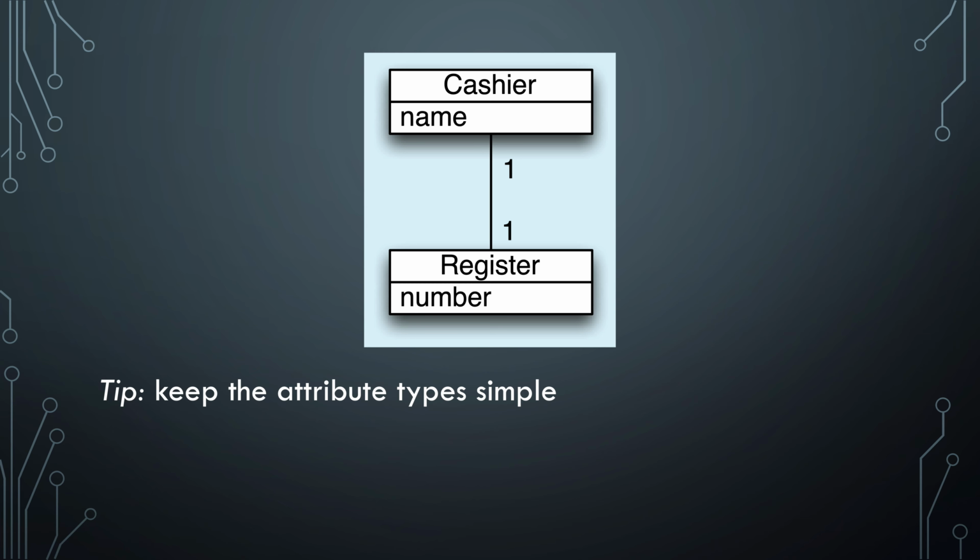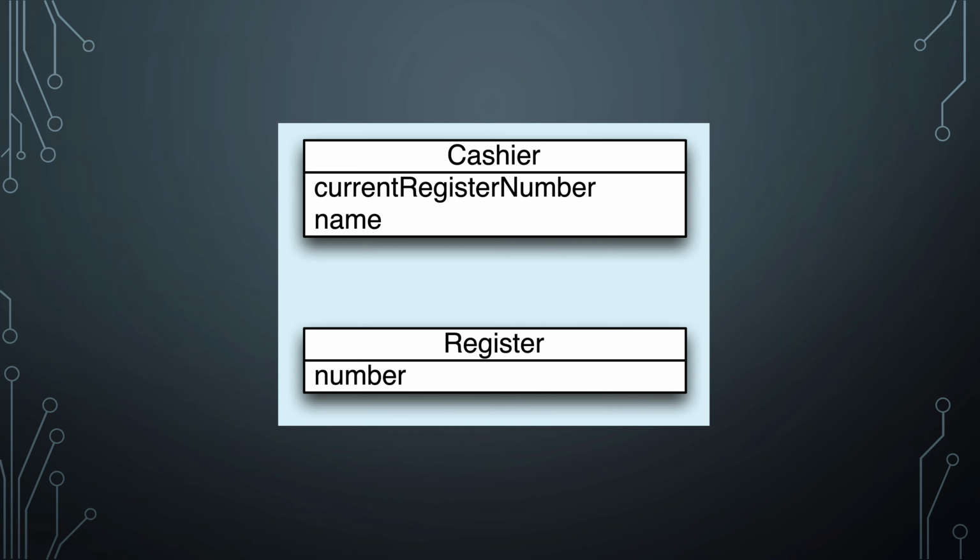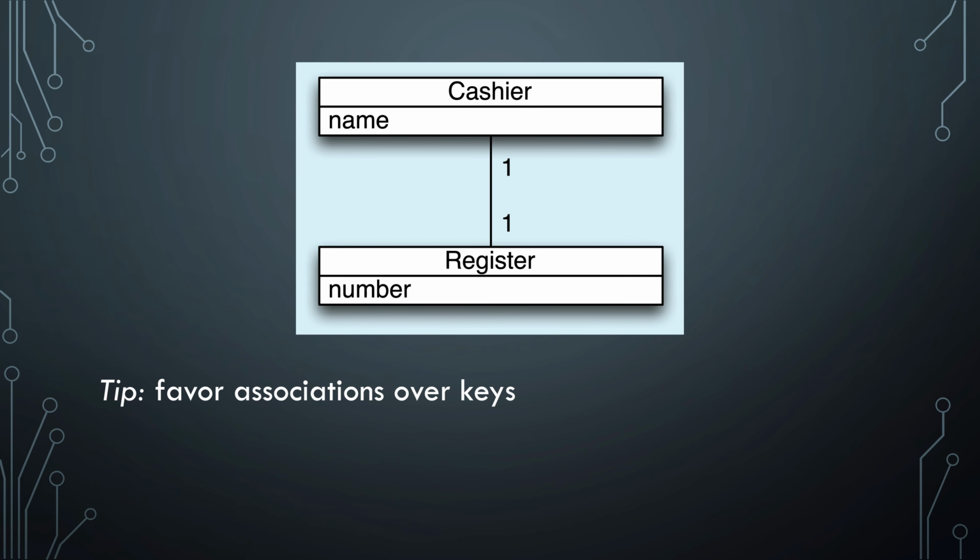So to fix this, split them up and keep your attribute types relatively simple. In this example, the cashier can find the register because the register is stored under an ID or number somewhere. But it's better to use associations instead of such keys, since an association makes the relation between these two things explicit.